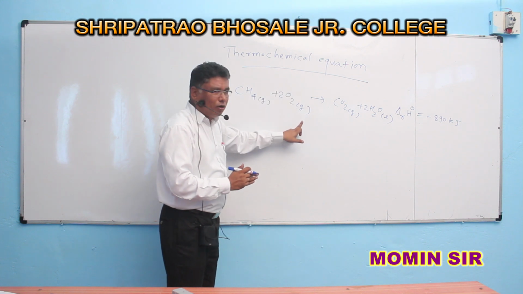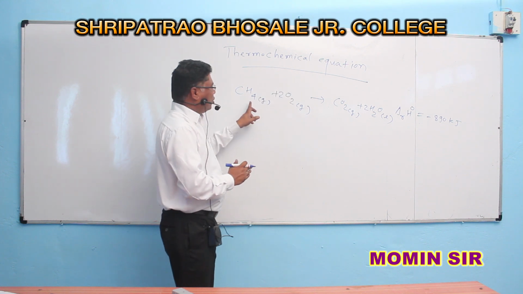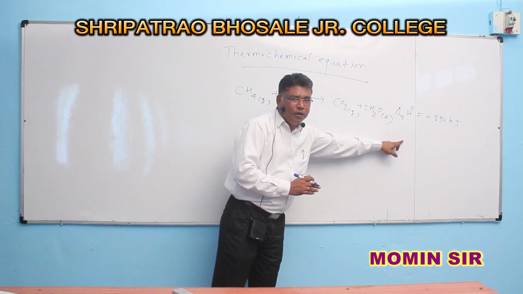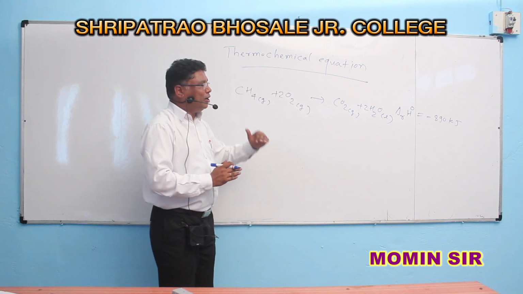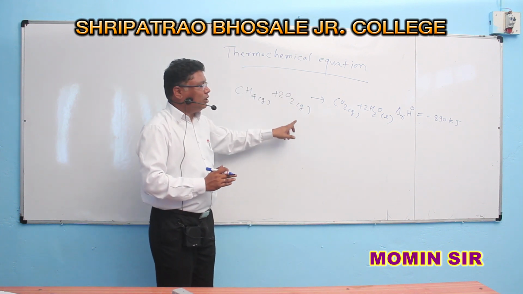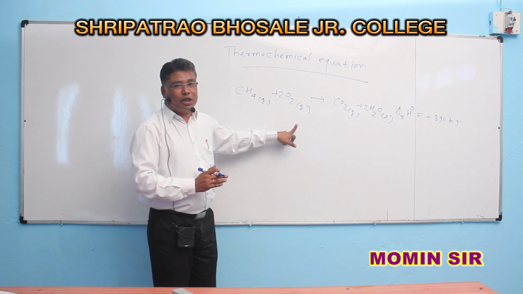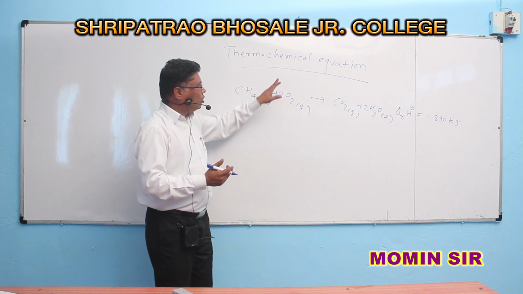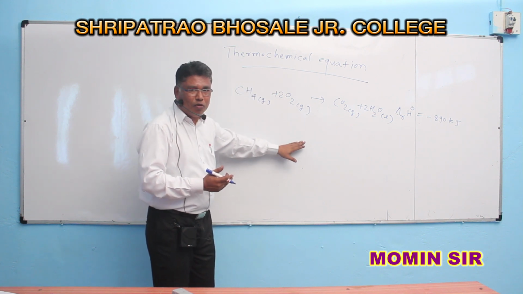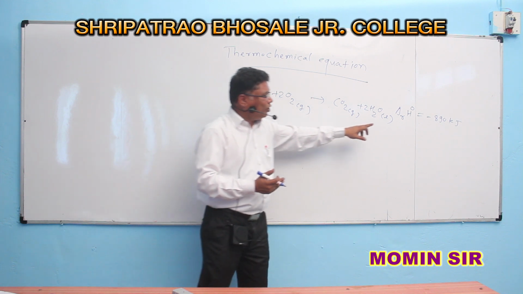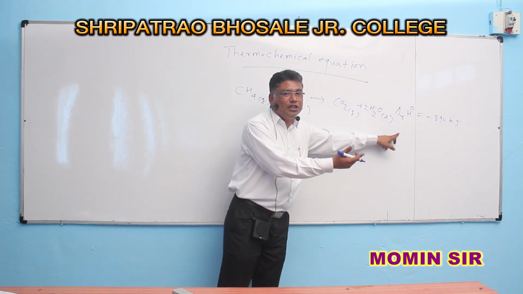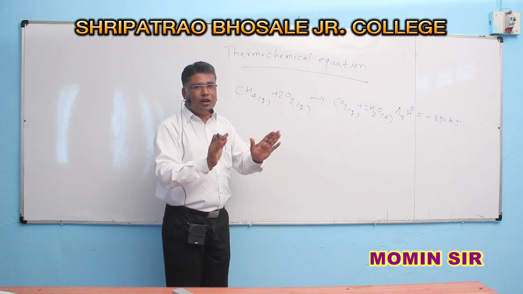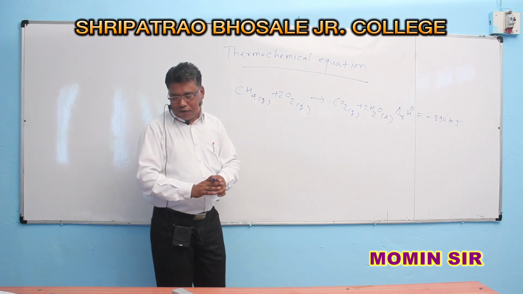Because we get the information about the reactant, the product, and also the enthalpy change taking place in this reaction. I think you understood it very well. What is the difference between a chemical equation and a thermochemical equation? Whenever the value of enthalpy change is given to the right hand side of the equation, it is called a thermochemical equation. If the value is not given, it is called only a chemical equation.